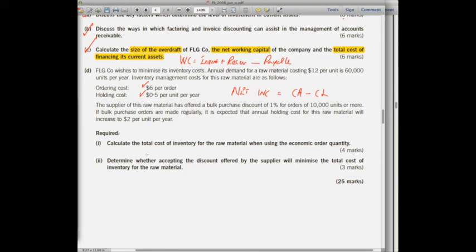I will accept this proposal only if the discount that I am receiving is greater than the extra cost. So we have to rework. Recalculate ordering cost, holding cost and purchase cost based on the new proposal, that is 10,000, and see what's going to be the total cost.